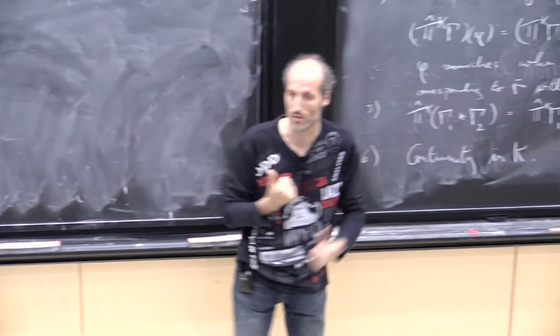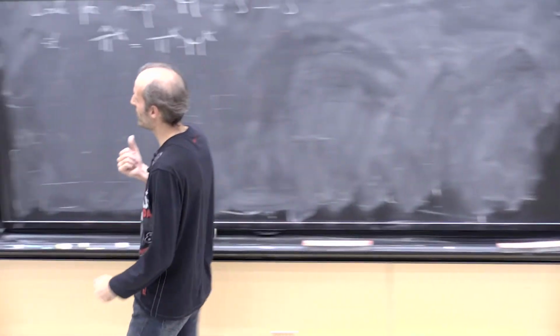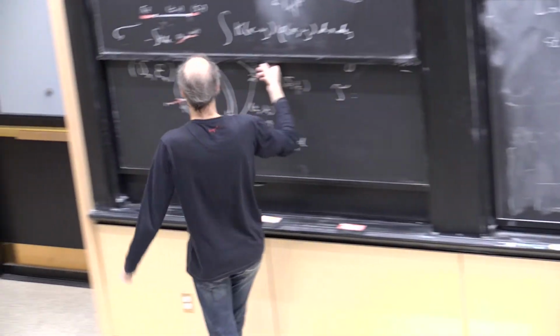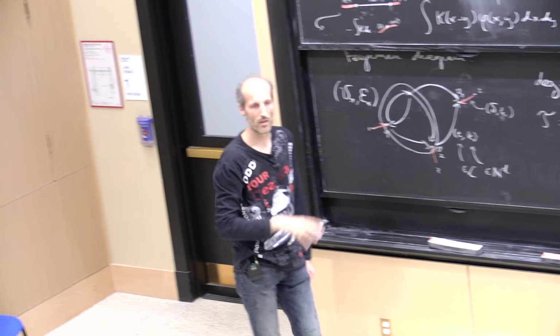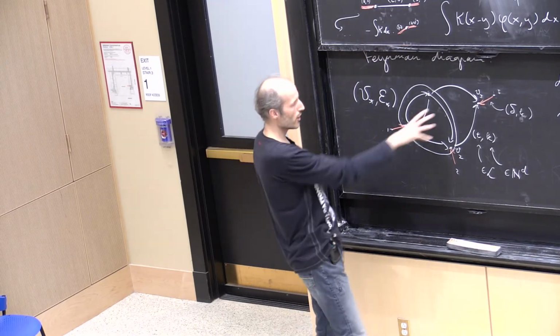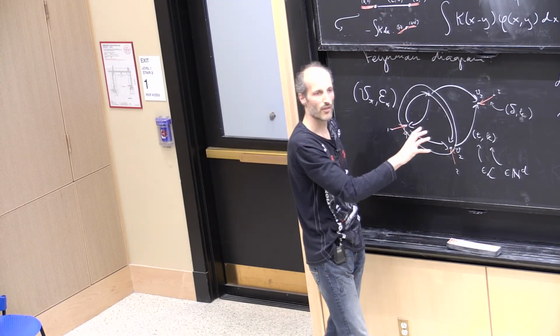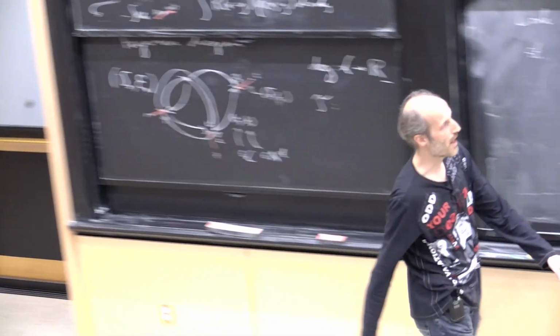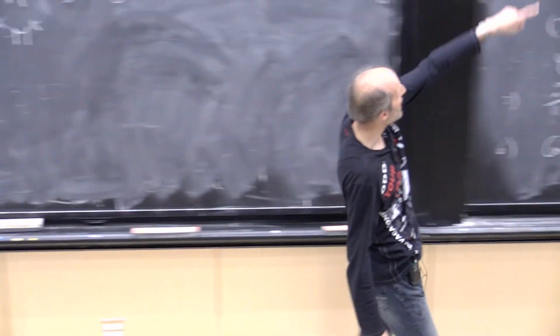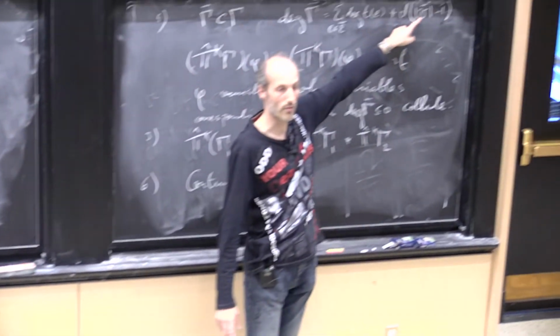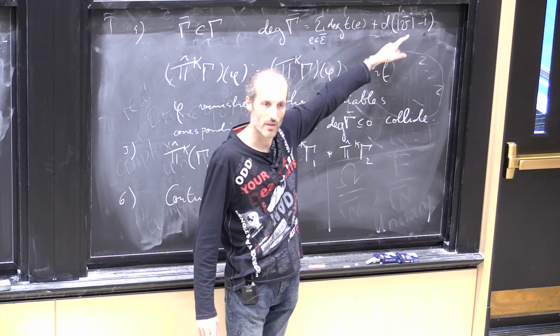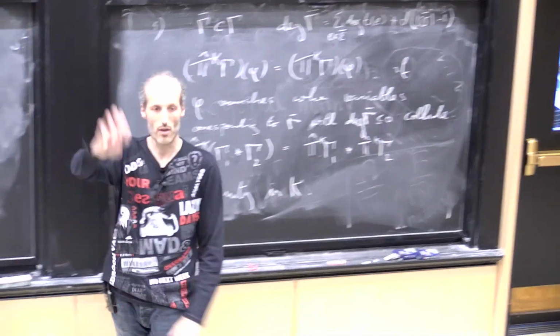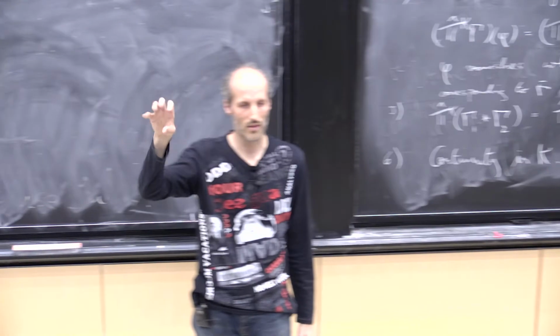So what you do is you look at all possible subdiagrams of a general diagram that are divergent, in the sense that this degree here is negative. And then you collapse them to points.